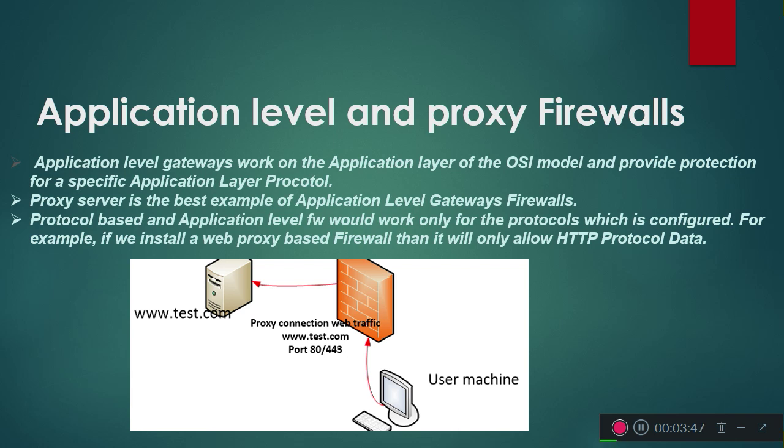So in this example, the user machine below is trying to access www.test.com, and we have a proxy firewall in between which will proxy the connection from user machine to test server. So user machine will make a proxy connection to the firewall, and firewall will initiate another connection to the test.com server on behalf of user. The remote server will never see the connection was initiated from user.